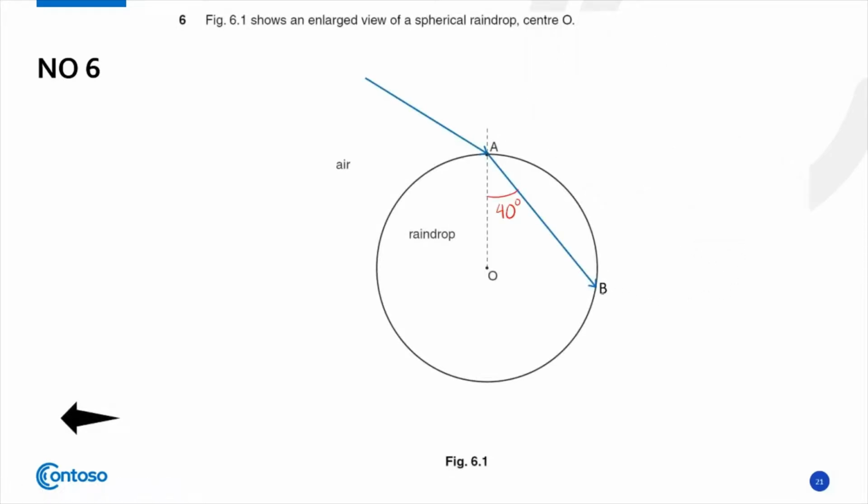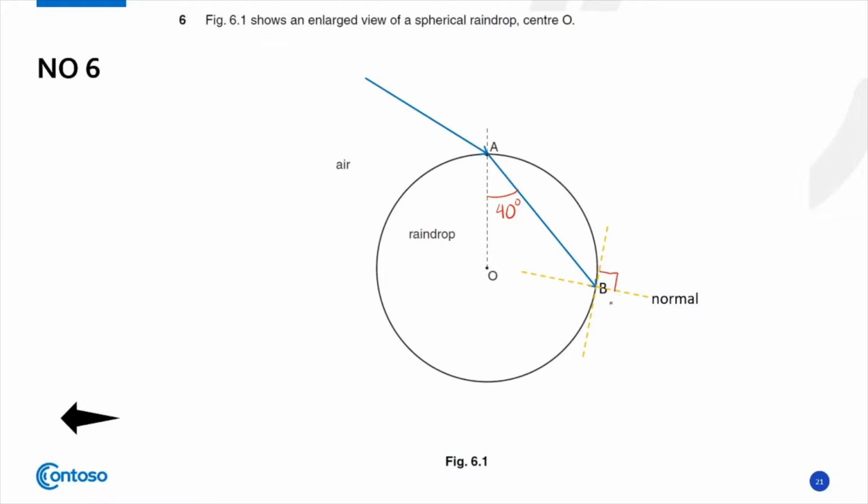To draw the normal at B, first we have to draw a tangent at B. Tangent is a line which touches a circle only at one point. In this case, the point is B. This is the tangent. It touches the circle only at point B. Then we can draw the normal. The normal must form a 90 degrees angle to the tangent. This is the normal. This angle is a 90 degrees angle.